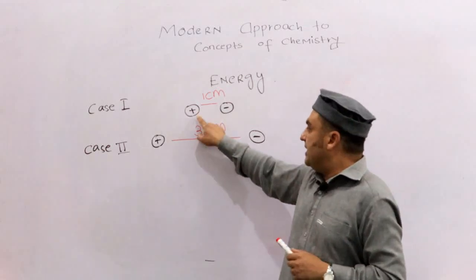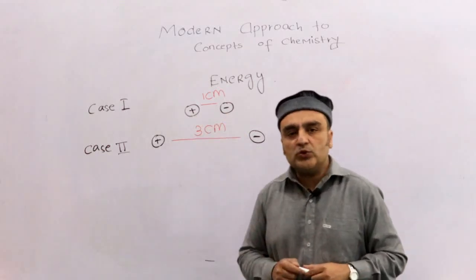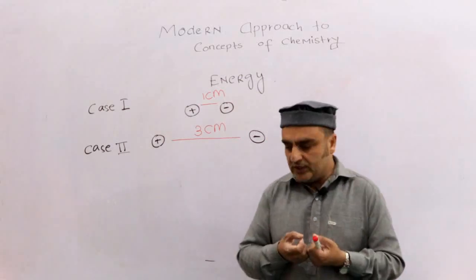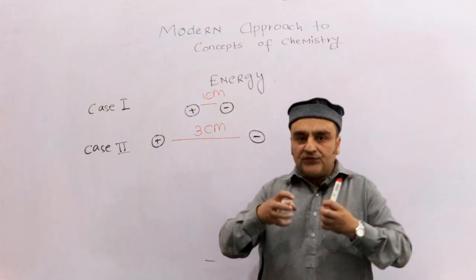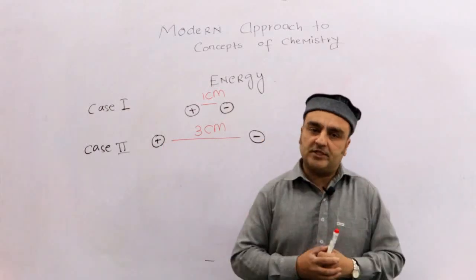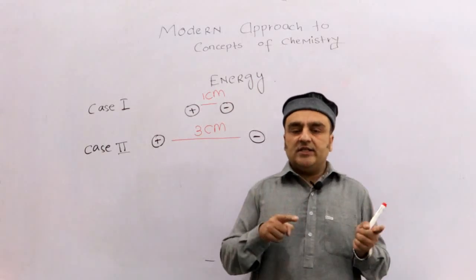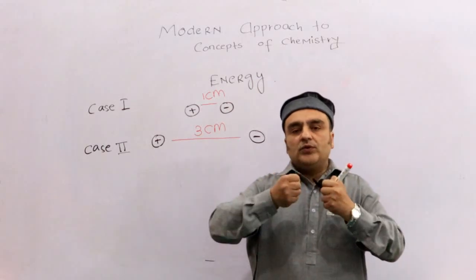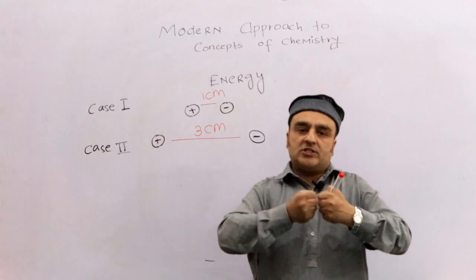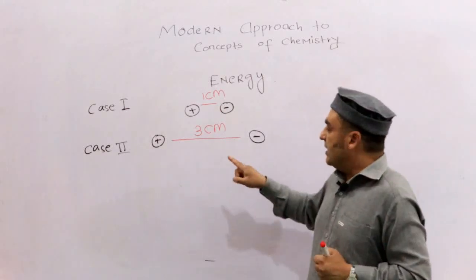Now how can you increase the space between those two charges? You need to apply some force in order to separate them, because they are attracting each other. You need to apply force against the attractive force in order to increase the distance between them.